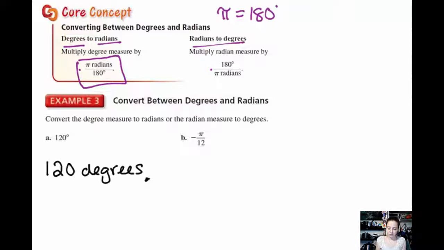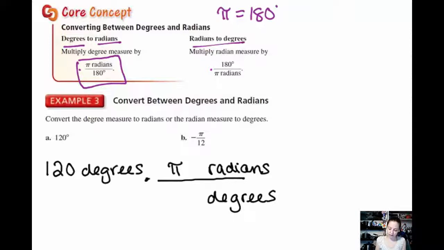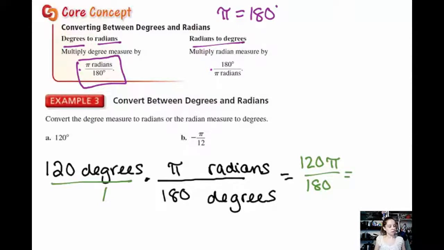To convert that to radians, we'll want to multiply by the ratio where degrees is in the denominator and radians is in the numerator. And it is pi radians to 180 degrees. Now we can multiply and we'll get 120 pi over 180, which is the same as 2 pi over 3.